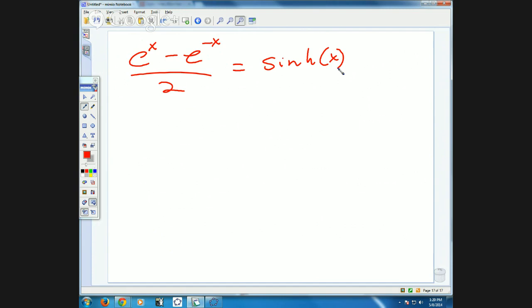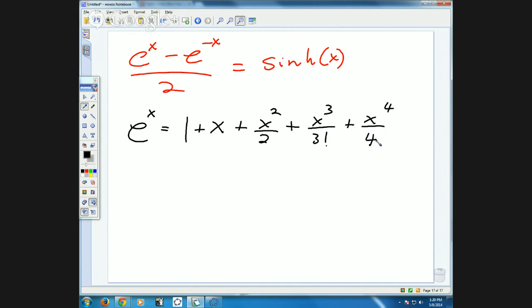To do that, I need to know the power series for e to the x. Anybody remember what that was? Power series for e to the x? Ah, yes, 3 factorial. All right, we are on a roll. Okay.